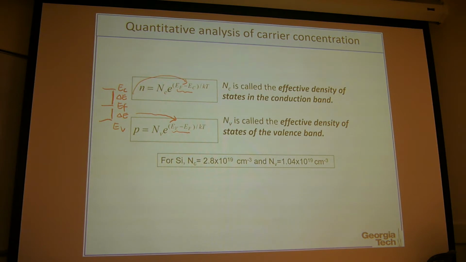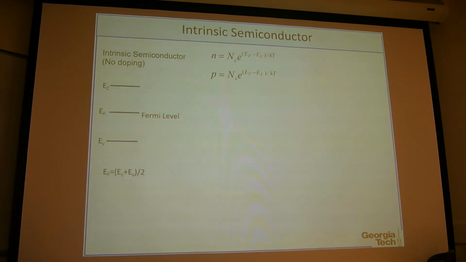Any questions? Alright, so let's look at the intrinsic semiconductor. Intrinsic semiconductor means without doping, let's say pure silicon. So if there is no doping, where is the Fermi level?